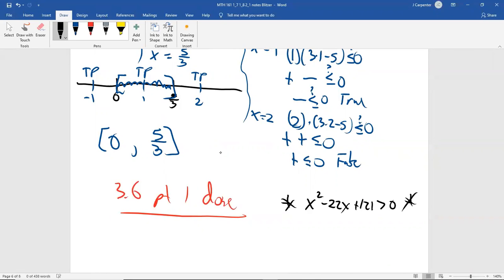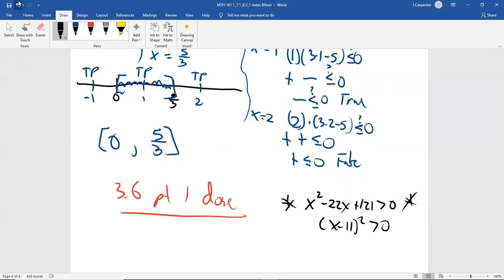This problem would not go true, false, true, false, true, false. It would go true, true, or false, false, depending on whether this was a greater than or less than. That's because when you factor this, it ends up being x minus 11 squared. And that repeated root with an even exponent changes that game significantly.